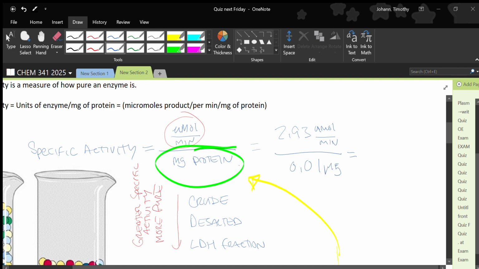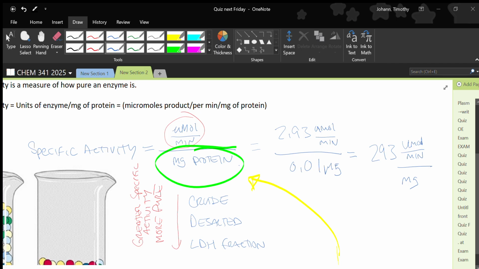And so that's our specific activity. It's going to be 293. And let's just keep it micromoles per minute per milligram of protein. Does that make sense? Kind of what we were doing there? That's what you're doing for this lab report, the calculation section.